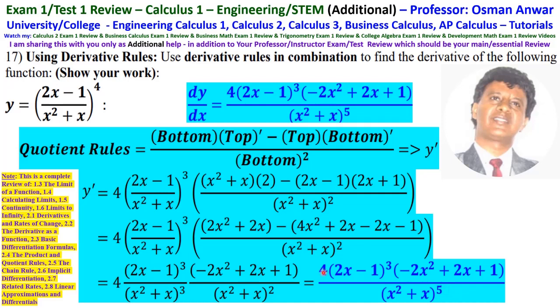Then the top is 4 times (2x minus 1) to the third times (minus 2x squared plus 2x plus 1). So the whole thing is then equal to 4 times (2x minus 1) to the third times (minus 2x squared plus 2x plus 1) over (x squared plus x) to the 5.